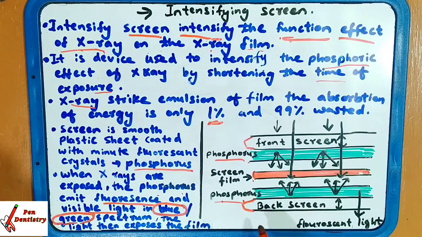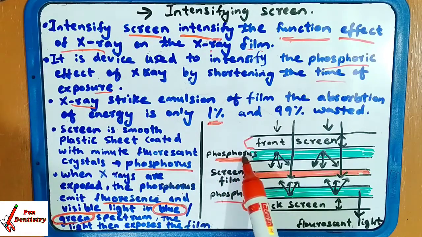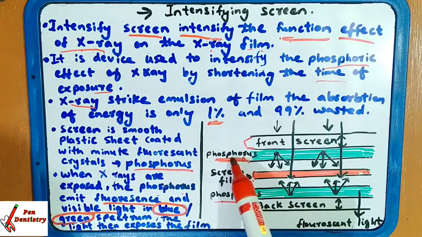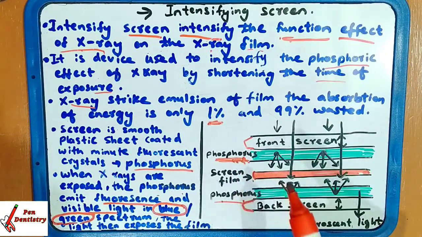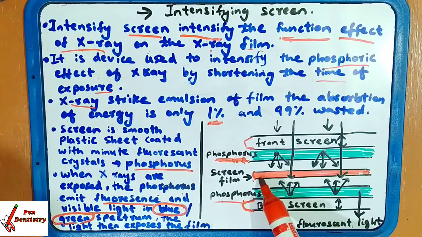The visible light which is coming because of the X-ray beam exposed on the phosphorus, that light exposes the film. Did you get it? When the X-ray comes, it comes to the phosphorus. The phosphorus emits visible light as well as the fluorescence. That visible light again hits the film and exposes the film.